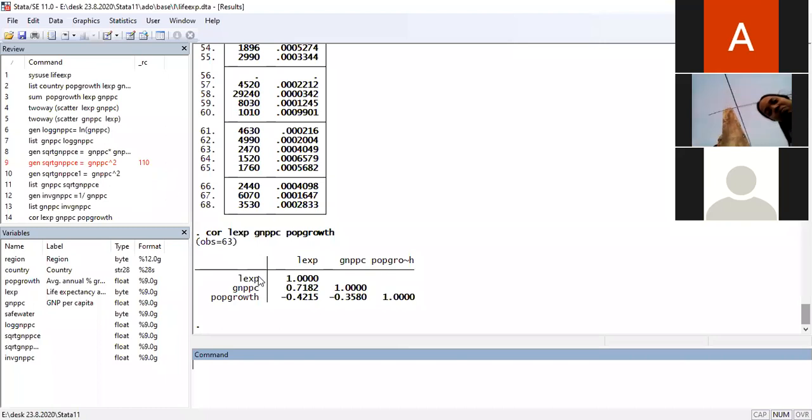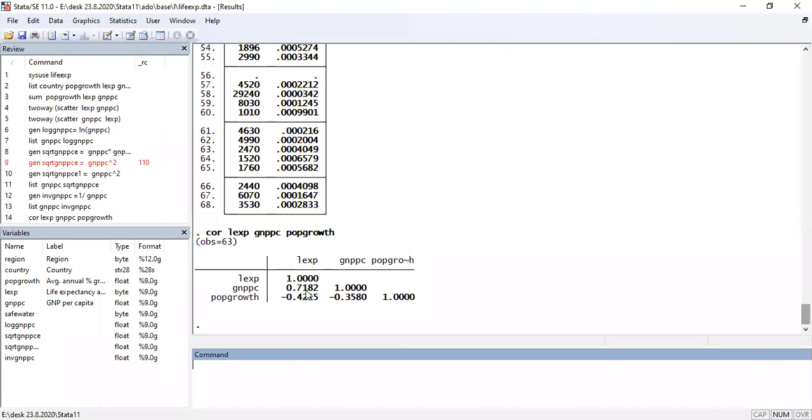Okay, so between LEXP and GNP per capita, here 0.718. What does it mean? It has a positive relationship between LEXP and GNPPC.